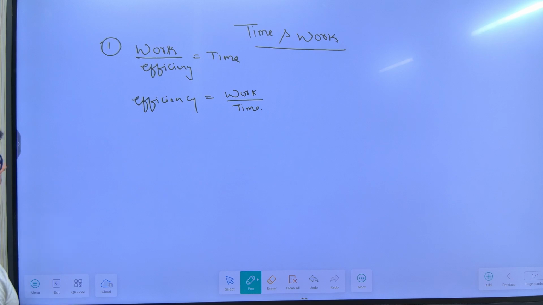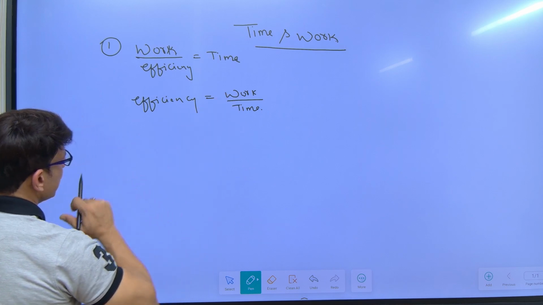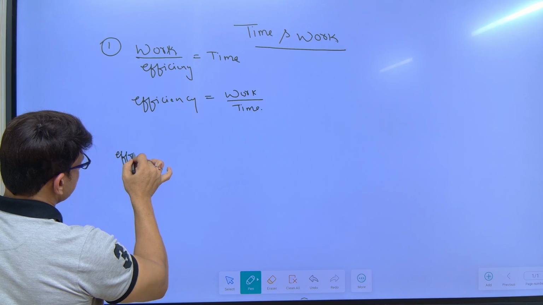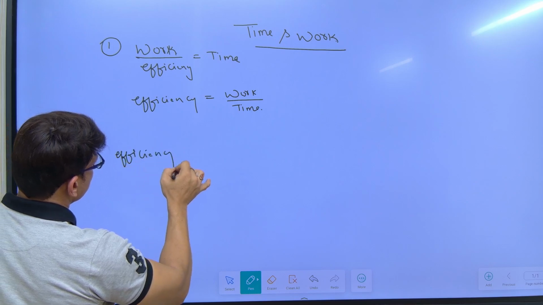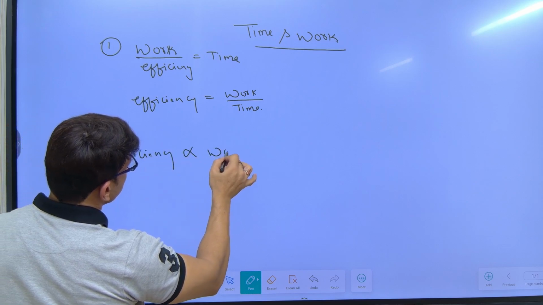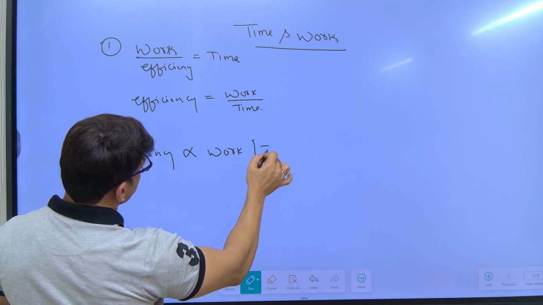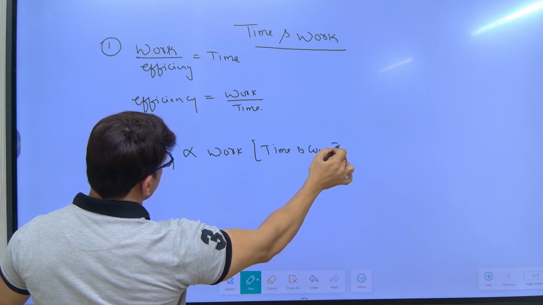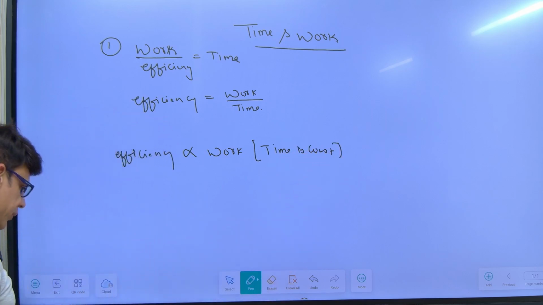Now, from here, we find certain things: efficiency is directly proportional to work if time is constant. Time is constant, then efficiency is directly proportional to work.